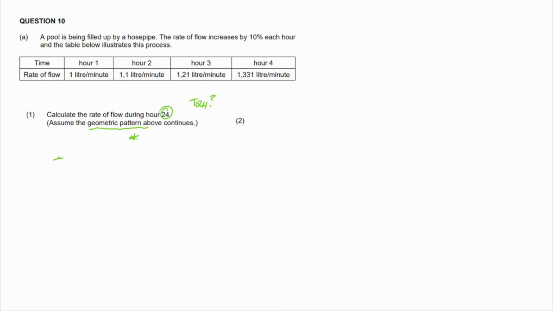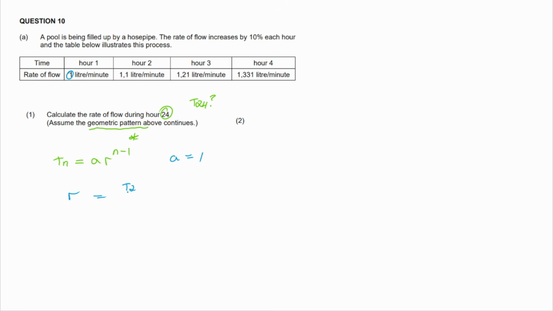If we look at the formula for a geometric pattern, the general term is given by this. What is our A? We know A is equal to 1. We got that from here. To work out R, we take T2 divided by T1.